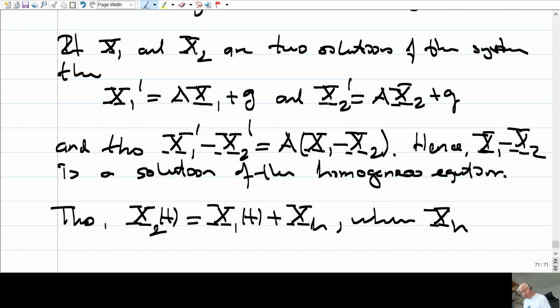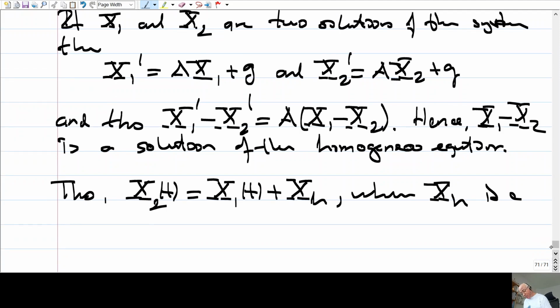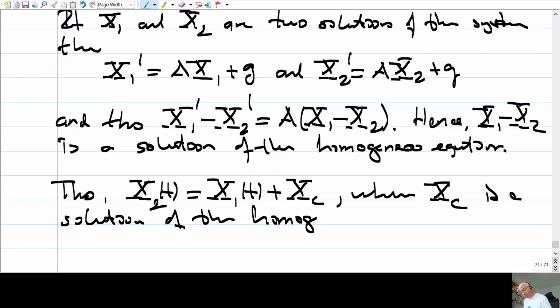xh is a solution, let me say, xh is a solution of the homogeneous system x prime is equal to ax.